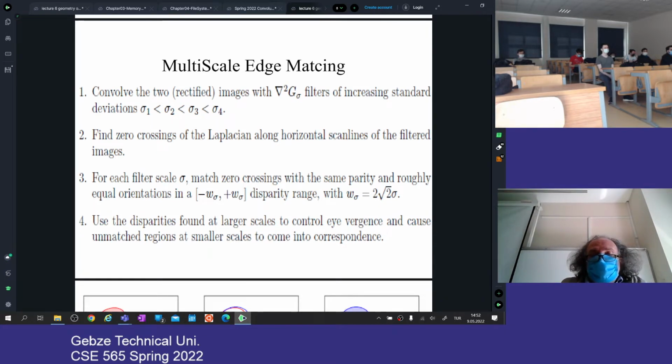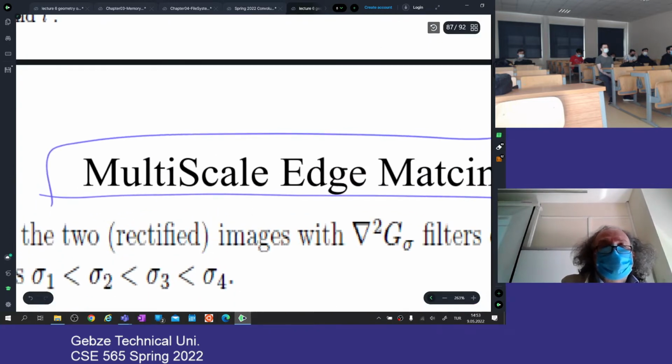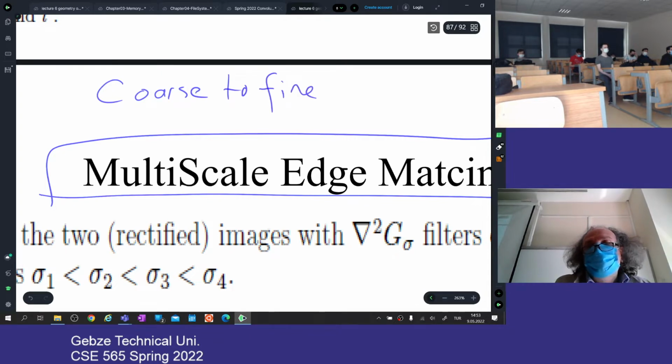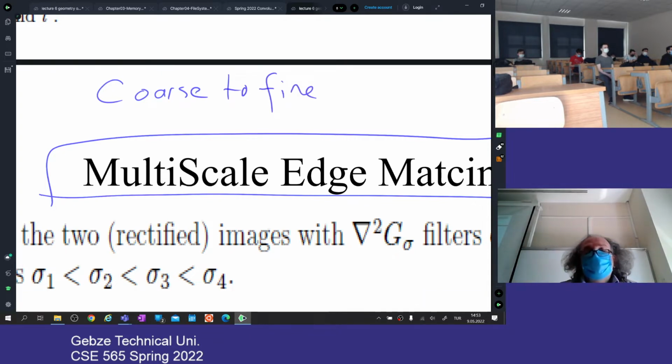So this is called multi-scale edge matching, and this multi-scale processing is used a lot in many computer vision problems. Do the matching at a very coarse scale. Sometimes we call it coarse to fine processing.